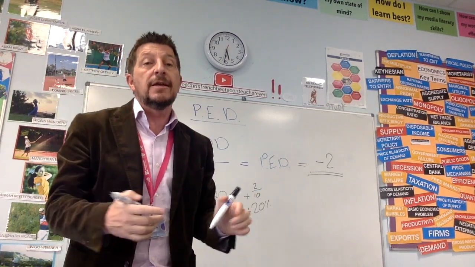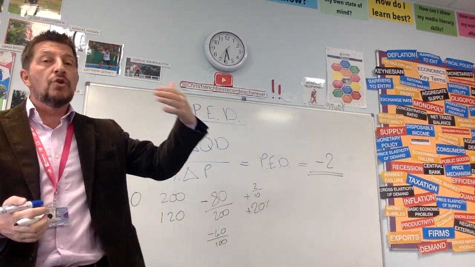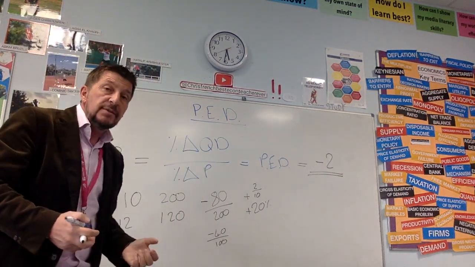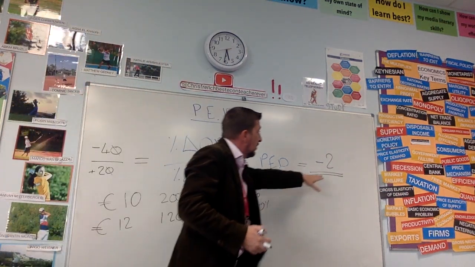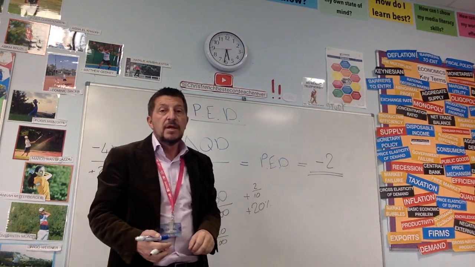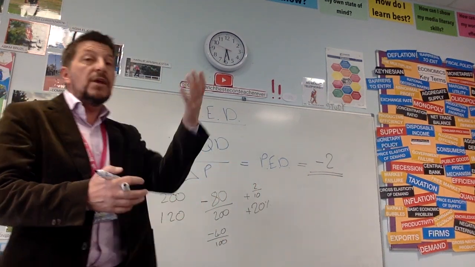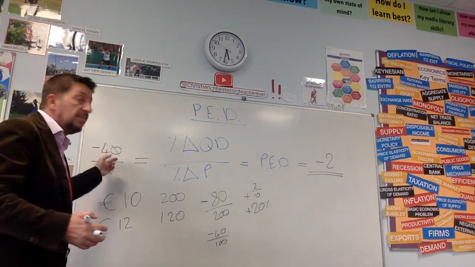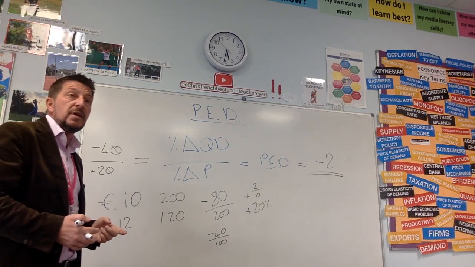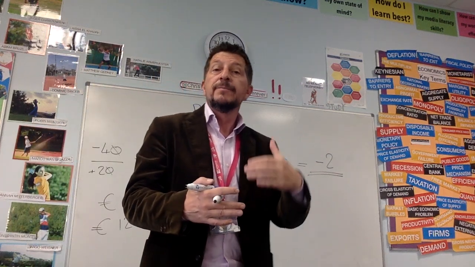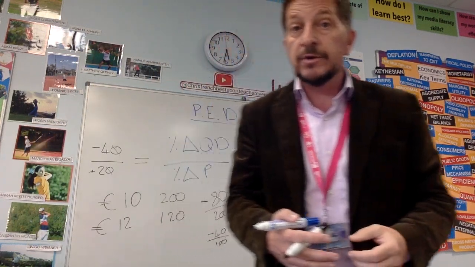So what we're saying is, if you increase your price by 10%, you're going to lose 20% of your customers. If you increase your price by 20%, you're going to lose 40% of your customers. And this shows us relative sensitivity from those consumers.